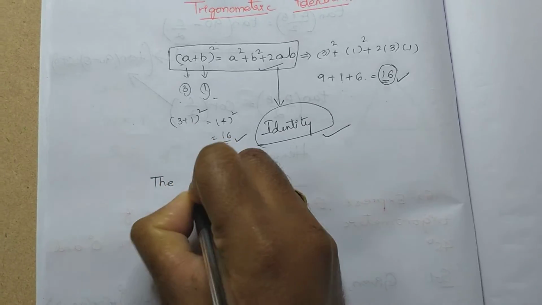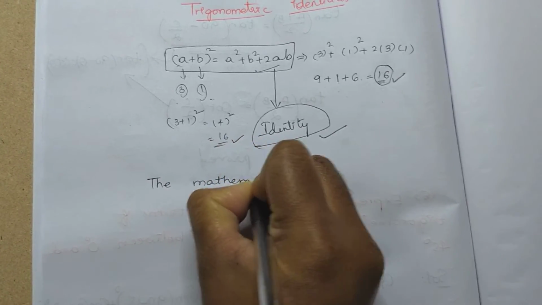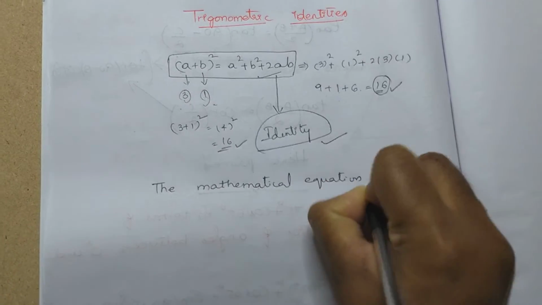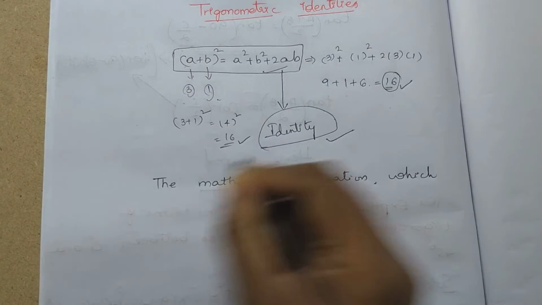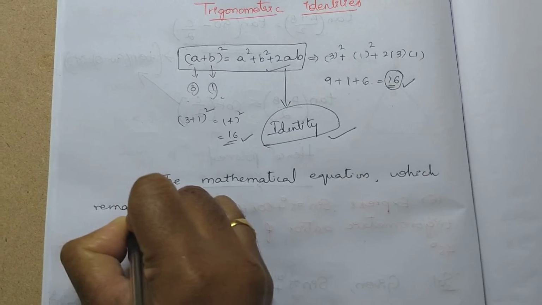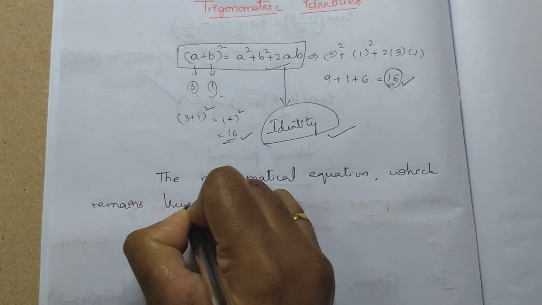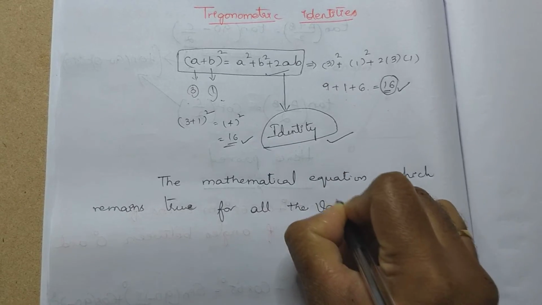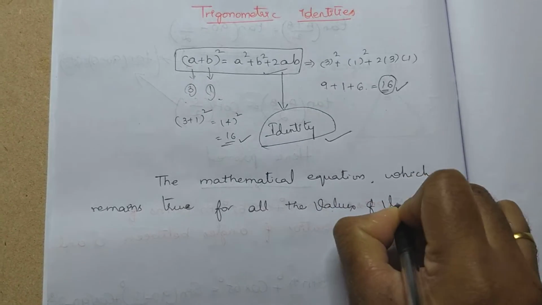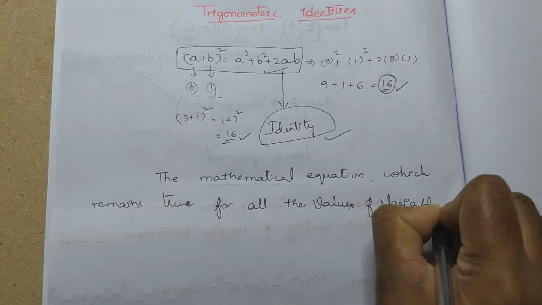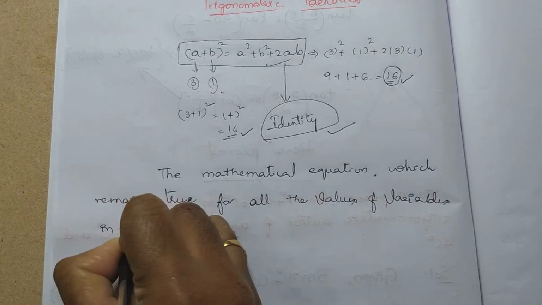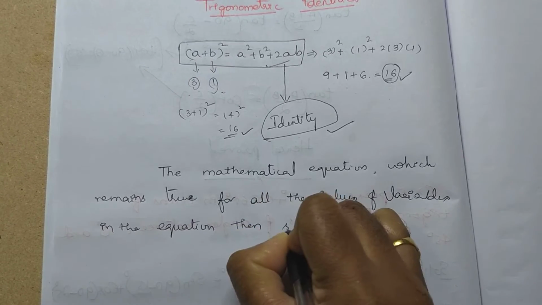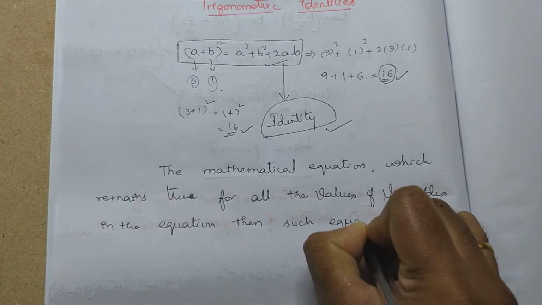The mathematical equation which remains true for all the values of variables in the equation, then such equation is called an identity.